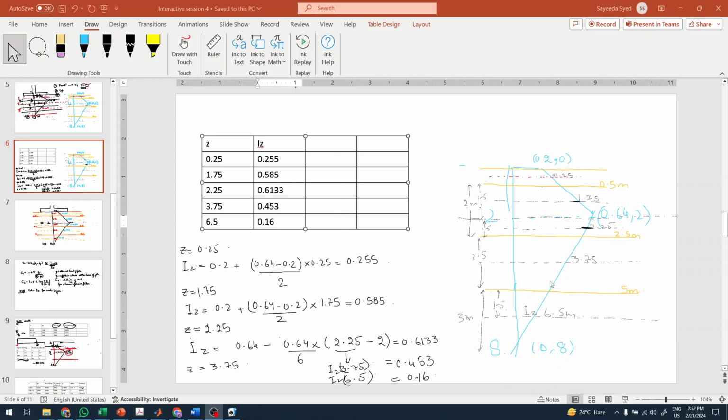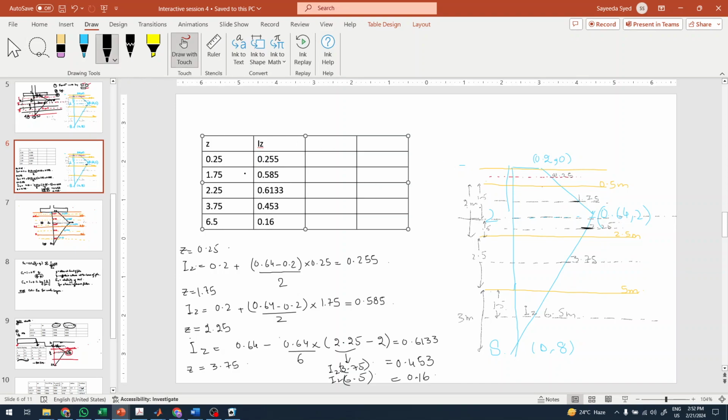So as you can see, whenever you get some results, also try to see if the results make sense or not.